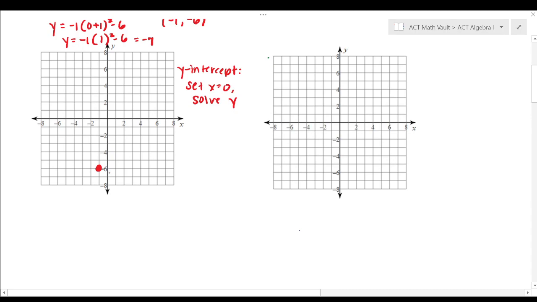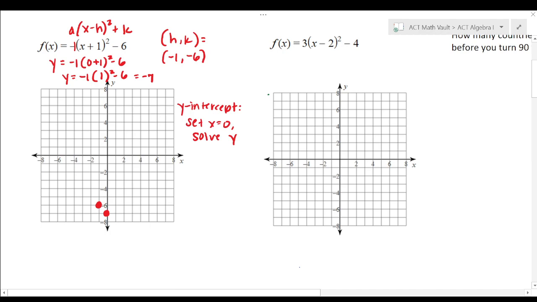So I know that my other point is the y-intercept, and that is at -7.